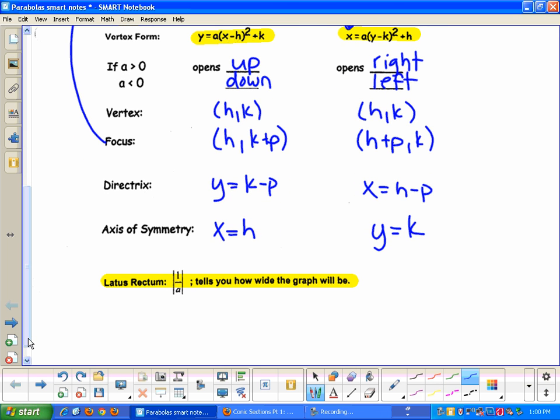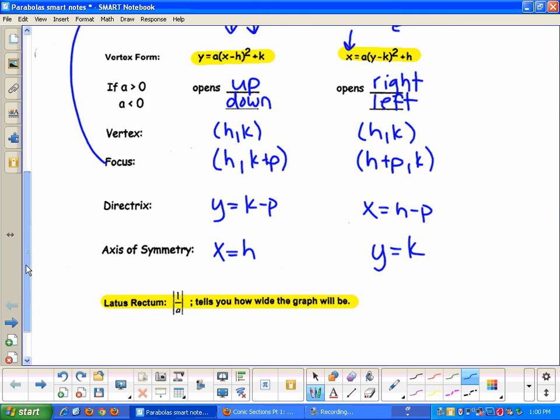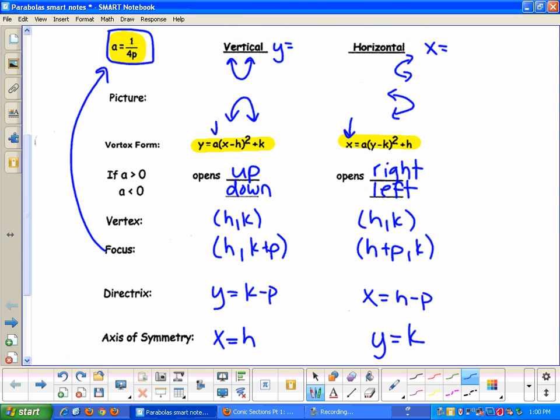Now, we also have what's called the latus rectum, which is the absolute value of 1 over a. It tells you how wide the graph will be. And remember that the a value is just from this right here. So notice that the three variables we have for our equation are a, h, and k. So that's what you always need to find in order to write the equation of these parabolas.